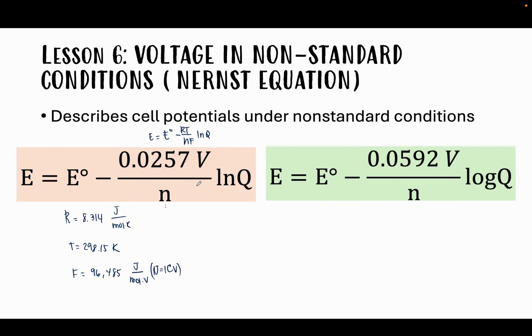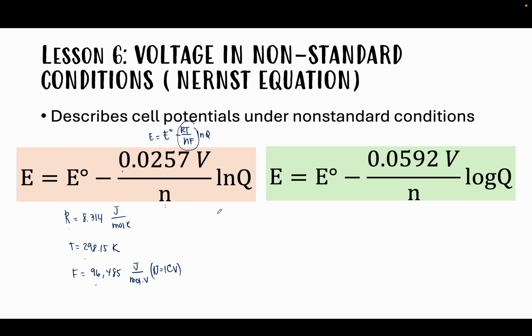So how did this term become 0.0257? So this is units volts. We simply plug in these values.